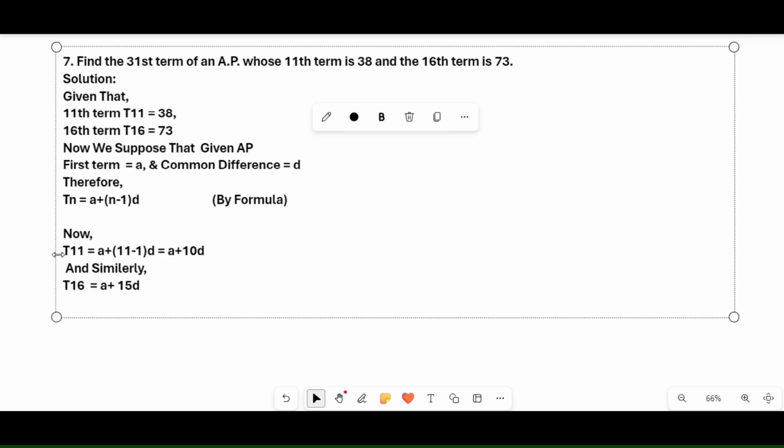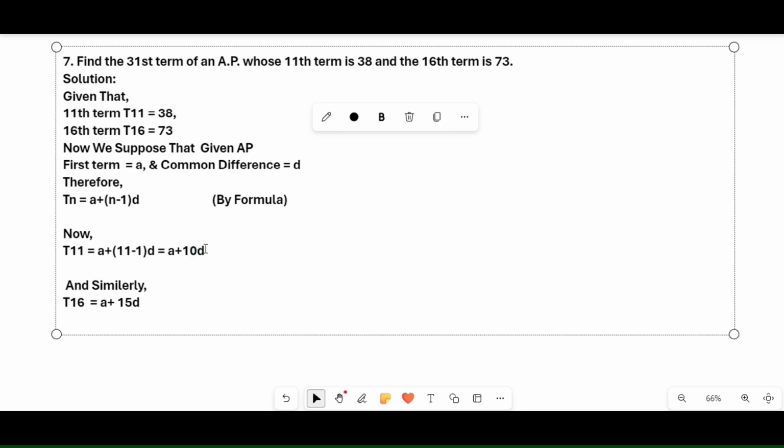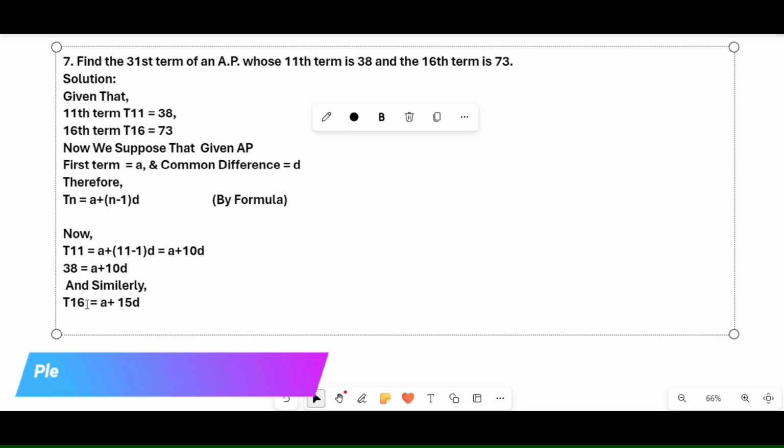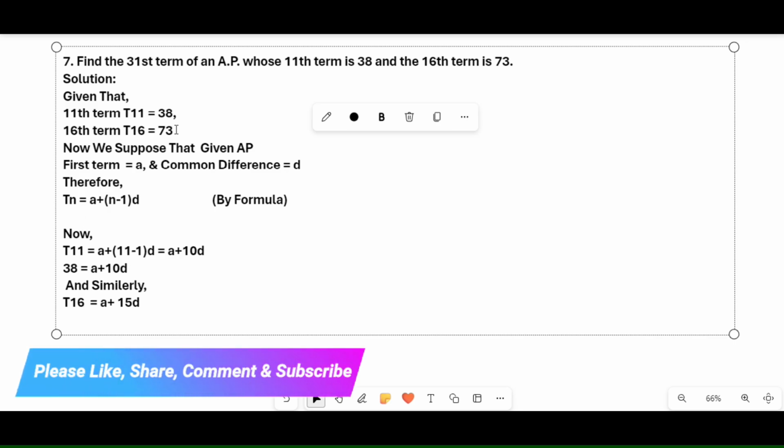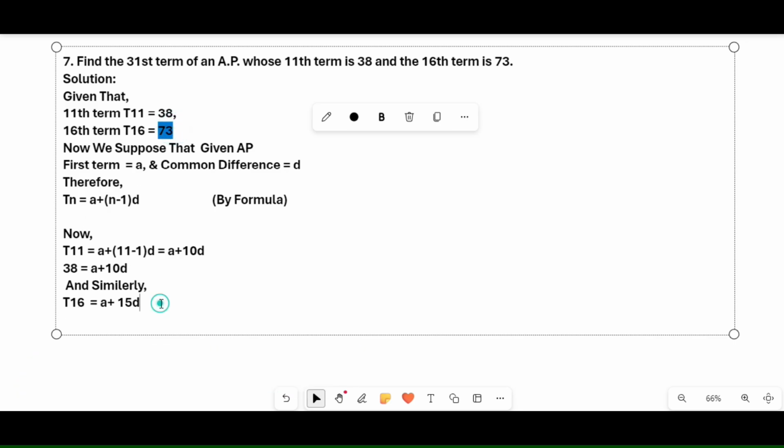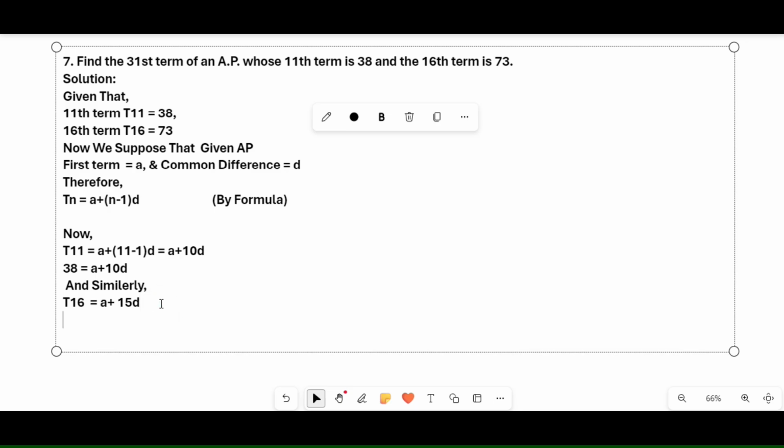Here T11 is 38, so we put 38 is equal to A plus 10D, and T16 is 73, so 73 is equal to A plus 15D.